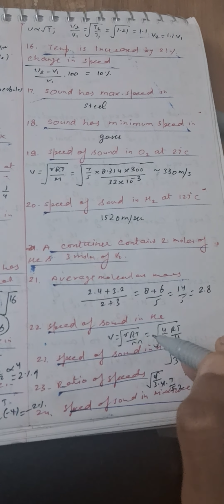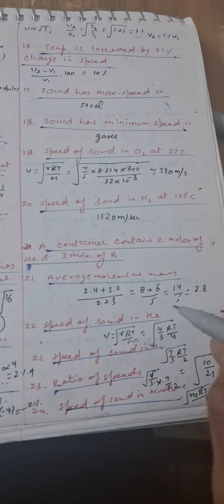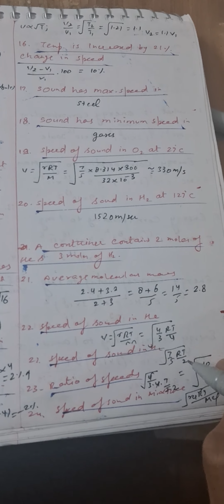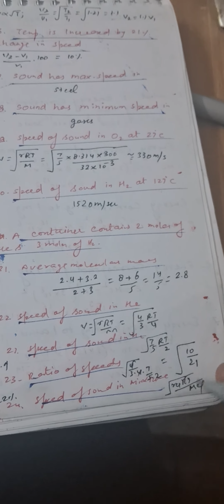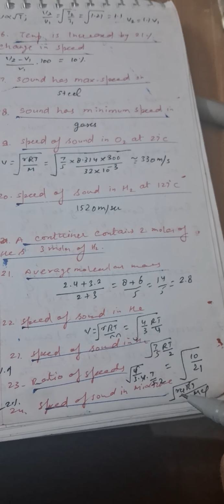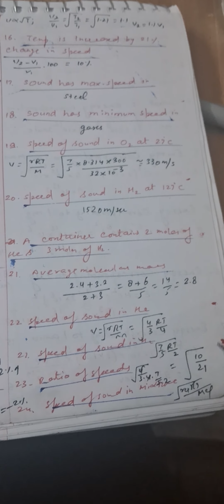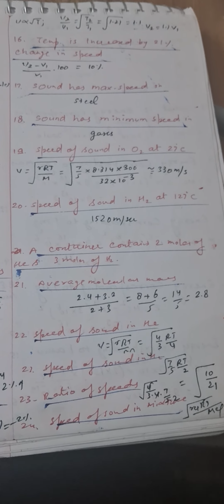V is equal to root gamma RT by M, where M here is 4, so we can calculate that. Then in hydrogen again we can calculate using the same formula. The ratio of speeds comes out to be root 10 by 21. Then the speed of sound in a mixture: we take gamma as gamma equivalent and molecular mass as equivalent molecular mass. In this way we can calculate the speed of sound in a mixture of gases.